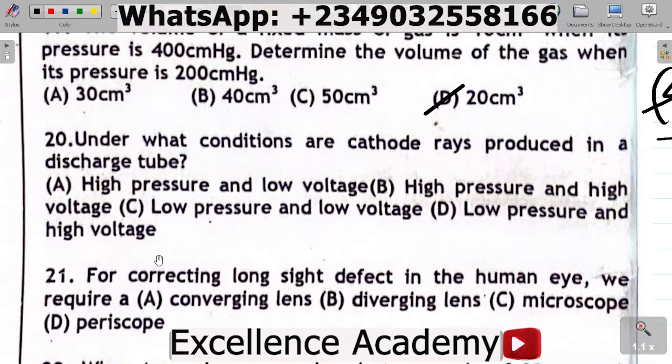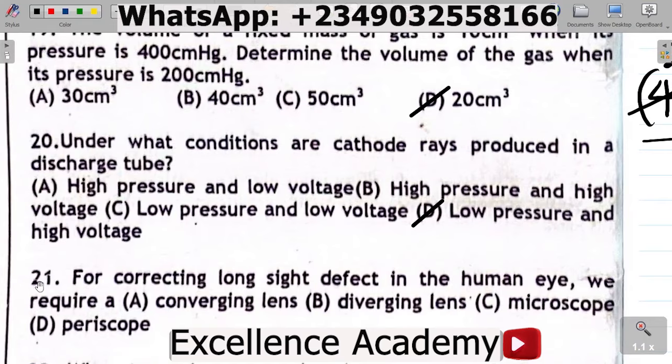For number 20, you want to note that cathode rays are produced in a discharge tube under low pressure and high voltage. And I think this is actually one of the most repeated JAMB questions. So low pressure and high voltage is option D. That's the correct answer.